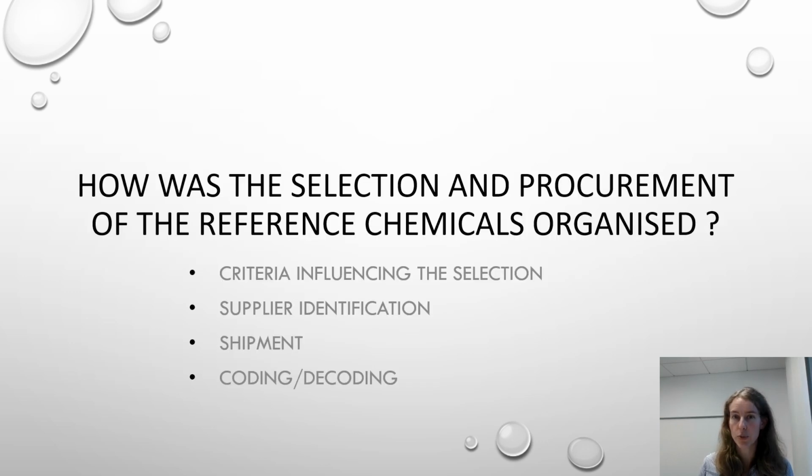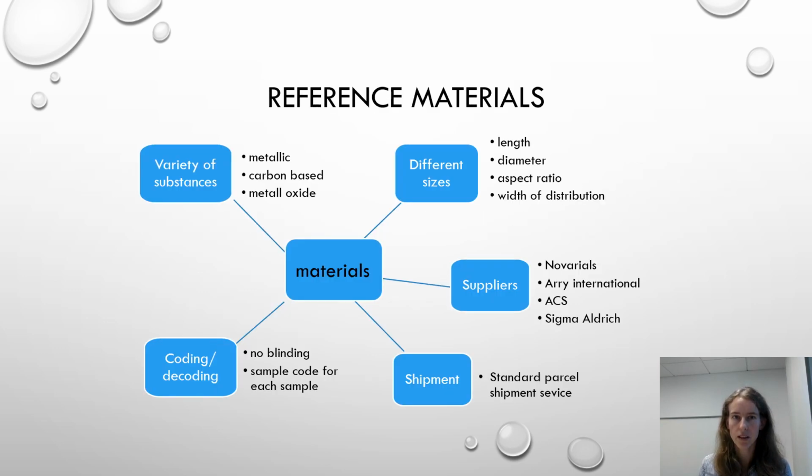How was the selection and procurement of the reference chemicals organized? We had, as I said, 5 materials, and with our material selection, we intended to cover the whole application range of the test guideline. Thus, different material classes were chosen, as well as different sizes of fibers. We even took care of the different widths of distributions for the different materials.